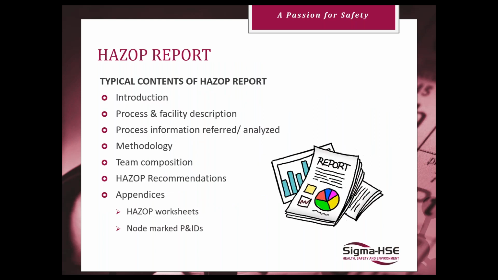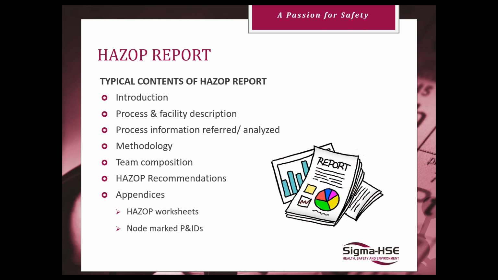All right. So typical contents in your HAZOP report: introduction, a brief description of the process and the facility, a list of the process information that was referred and used. That way, as you go through, you know that for the study in 2015, you had PNIDs 1 through 10, revision 4, but now it's time for your new study and you're up to revision 8.